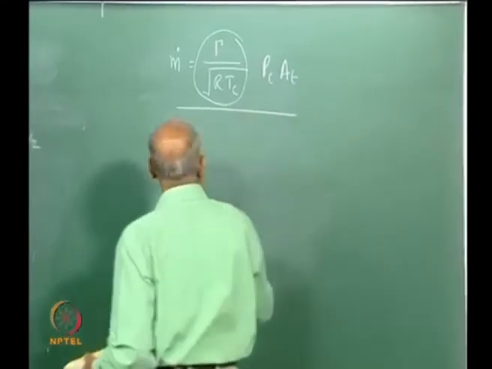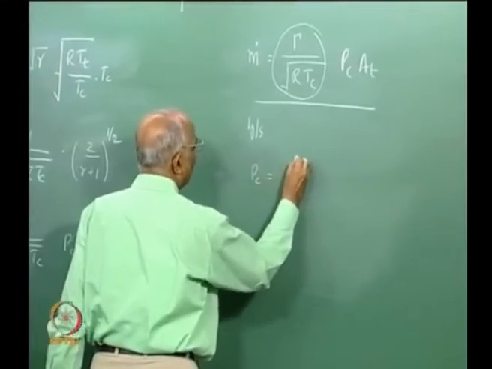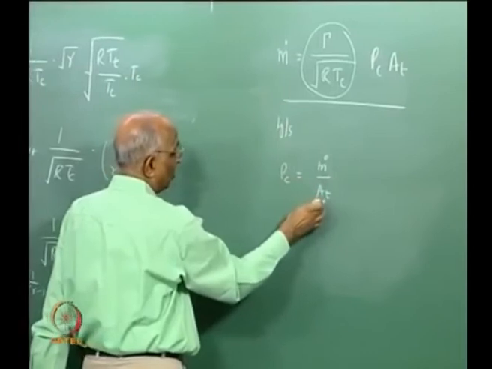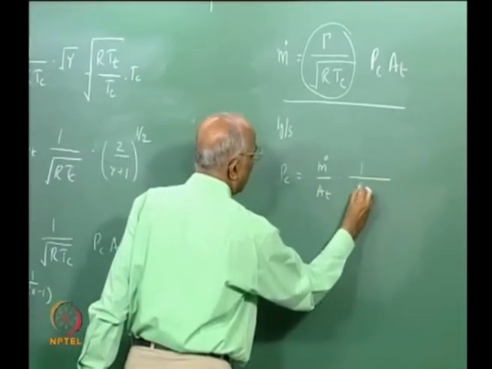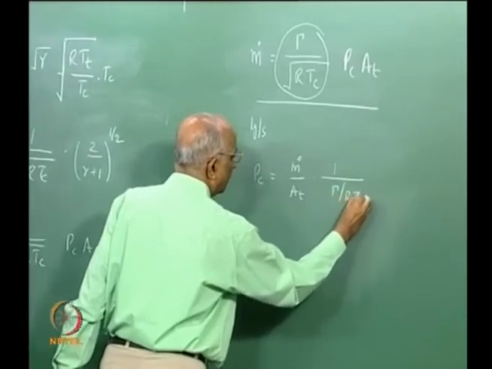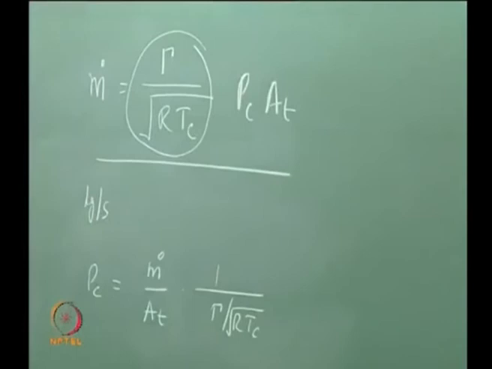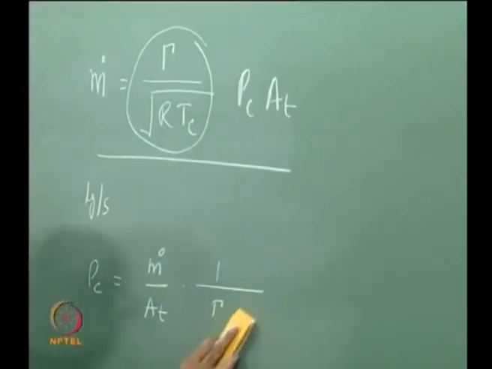If I rearrange this equation, I get PC is equal to m dot divided by AT, that is mass flux through the throat, into RTC divided by gamma under root.